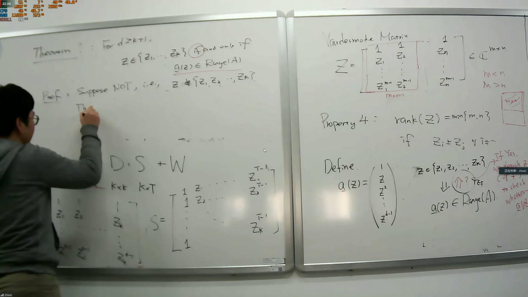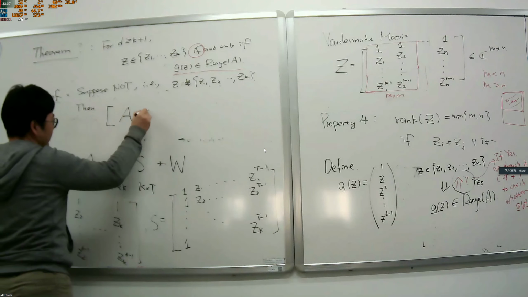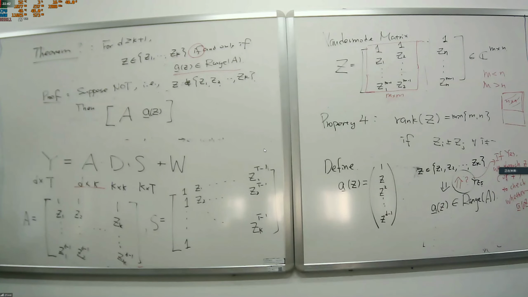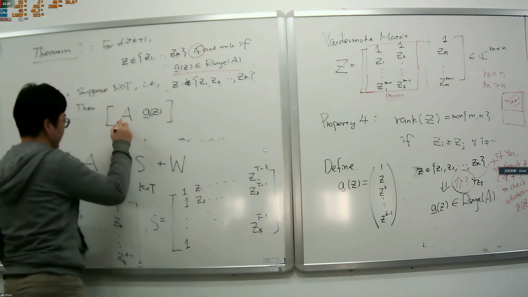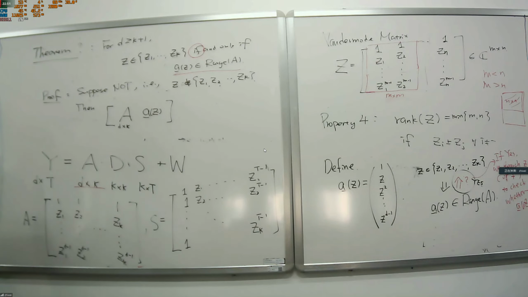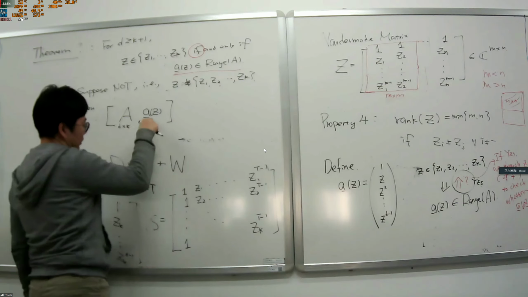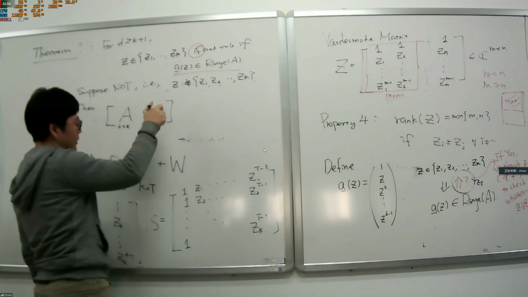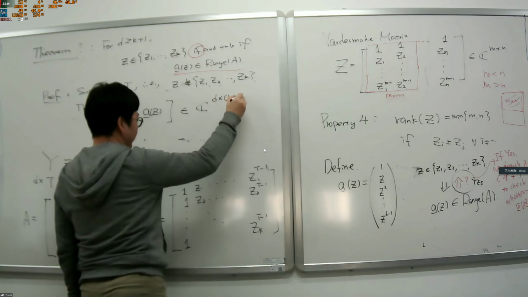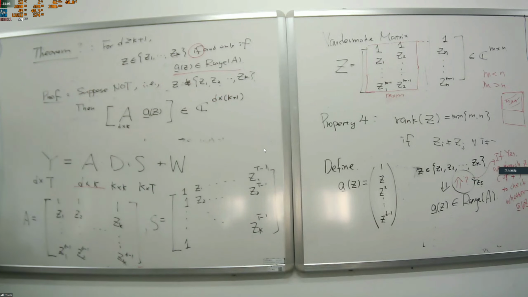Then you put AZ in here with A. What's the dimension of this matrix? A is D by K. Now you augment AZ here, then this is D by K plus 1.